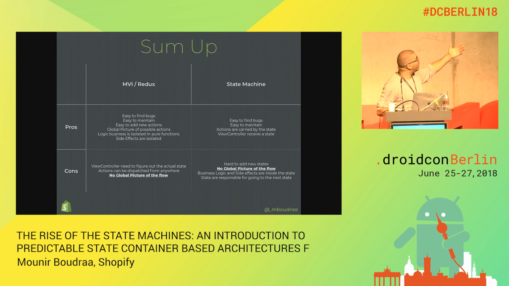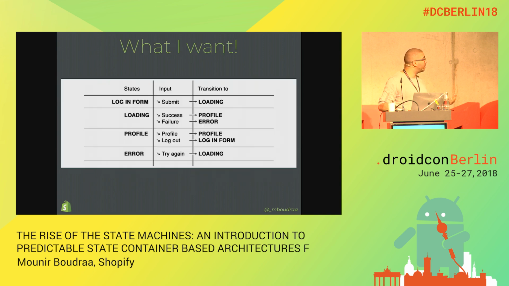We have a global picture. The business logic is isolated. Side effects are isolated. We don't have to try to find the states by whatever booleans we have. And so all the problems are really solved. We can add a new state very easily or remove one, and everything will either compile if it works or not if it doesn't work. So problem solved.